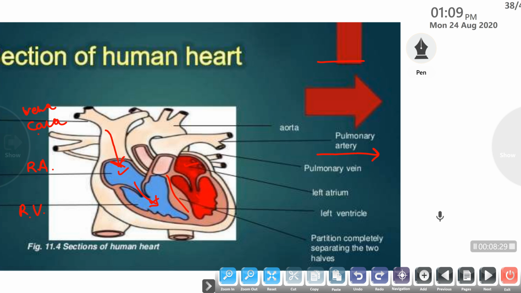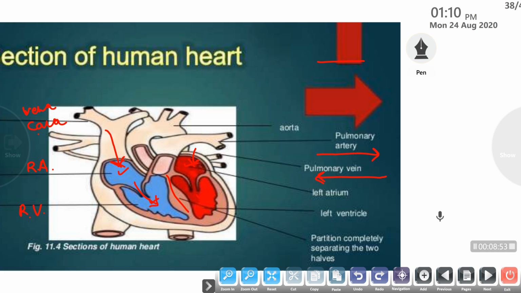Then after purification, the pure blood returns to the heart from the lungs through a blood vessel called the pulmonary vein. As I told you, all the veins generally carry carbon dioxide rich blood except the pulmonary veins, which carry the pure blood. So this pure blood enters into the left atrium through the pulmonary vein.